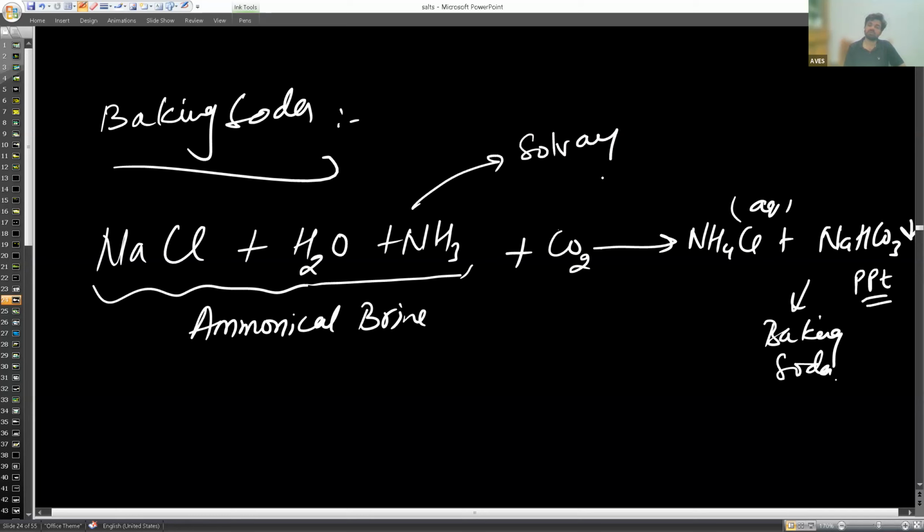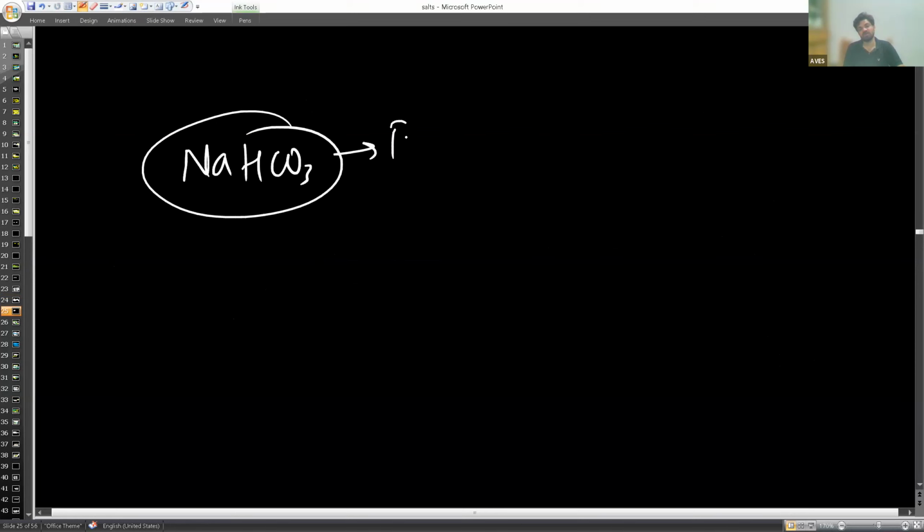It is known as the Solvay process. Okay, you understood, Galvin? So this is sodium hydrogen carbonate, which is baking soda.